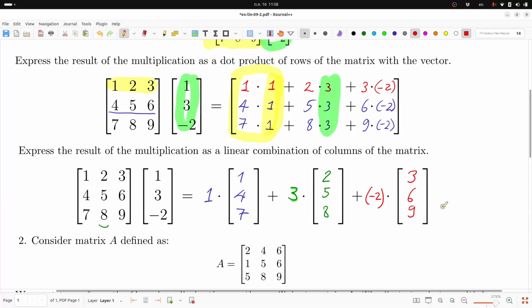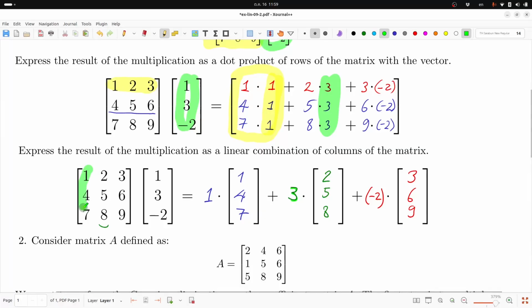Linear combination. Okay? So a matrix vector multiplication can be viewed in 2 ways. One as the dot product of the rows of the matrix with the vector, or it can be viewed as a linear combination of the columns of the matrix.